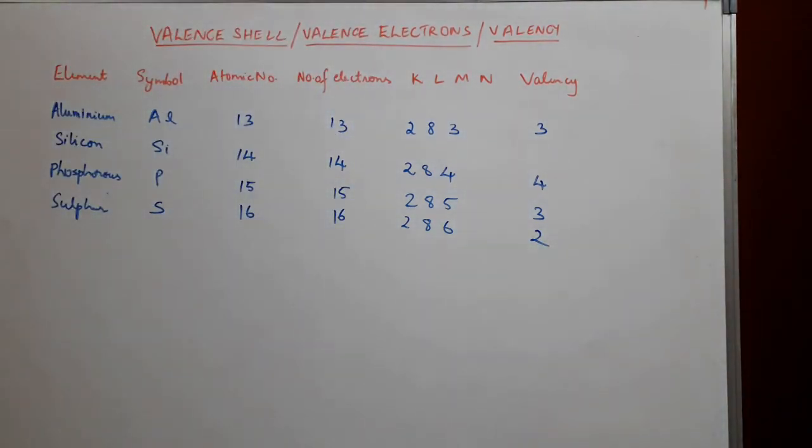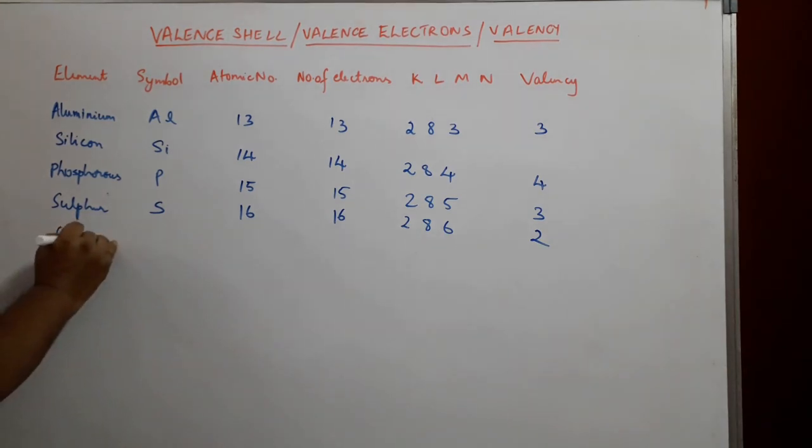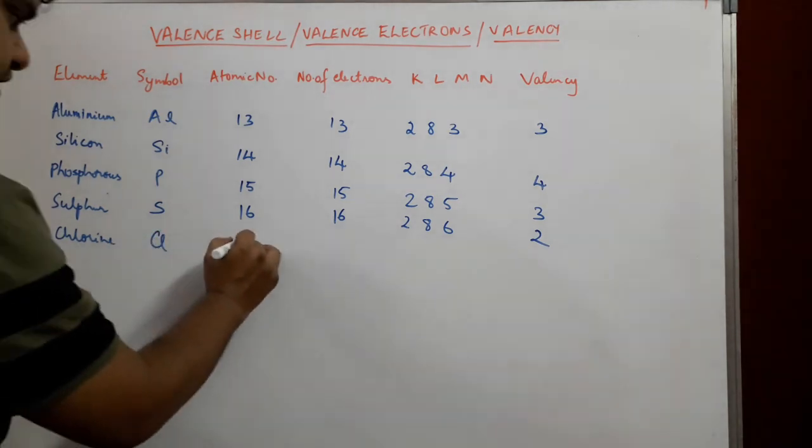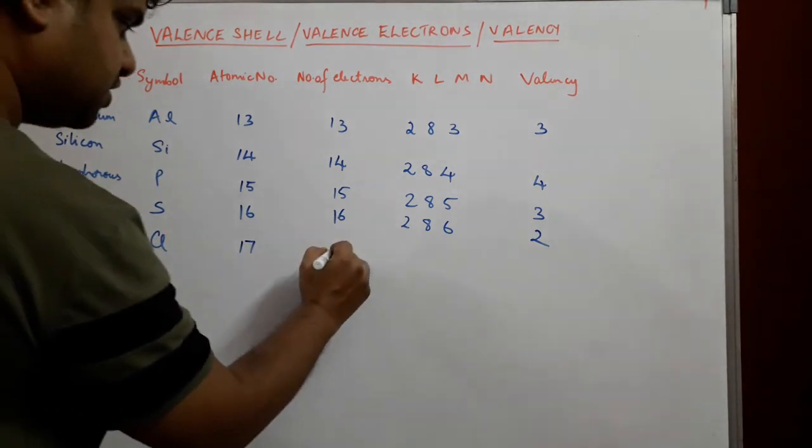After sulfur, we have chlorine at number 17. So chlorine, symbol is Cl, atomic number 17, number of electrons 17.